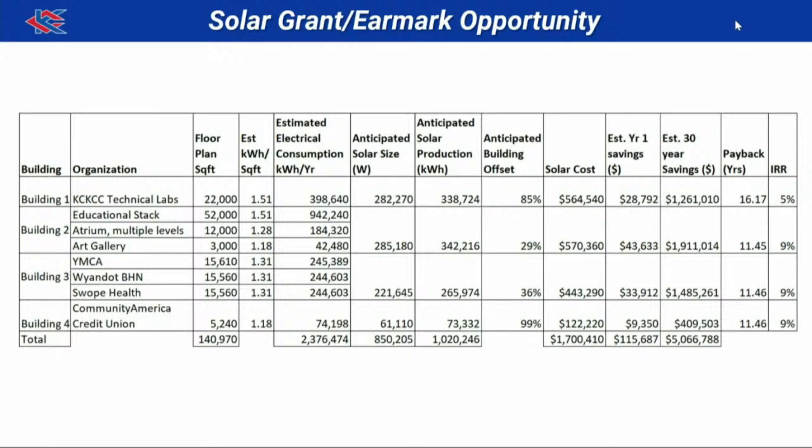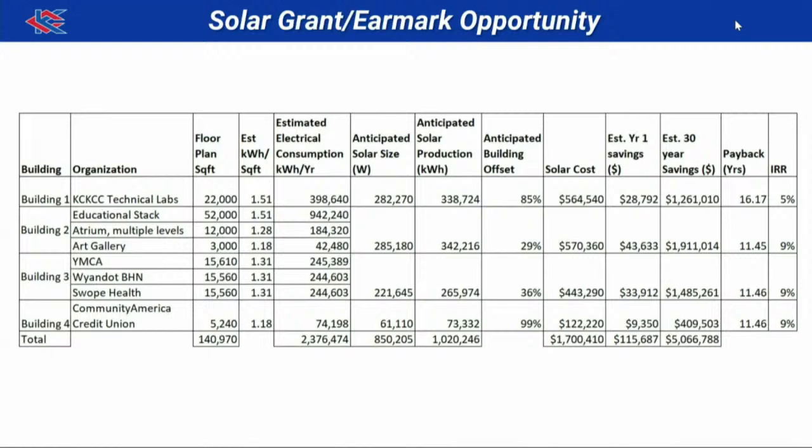The anticipated building offset is how much of the solar electric generation would offset the standard inline service from the electrical providers. So the tech labs have huge roof lines. That offset is estimated to generate 85% of the power for those tech labs.